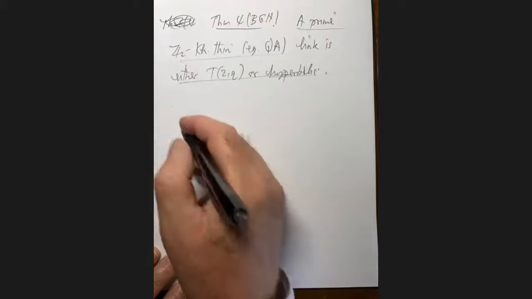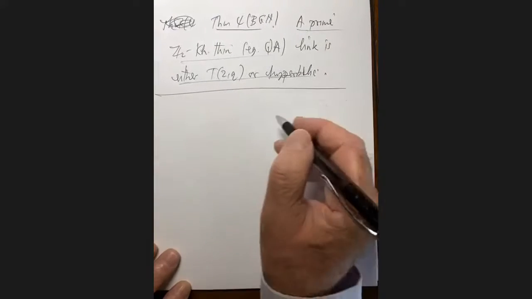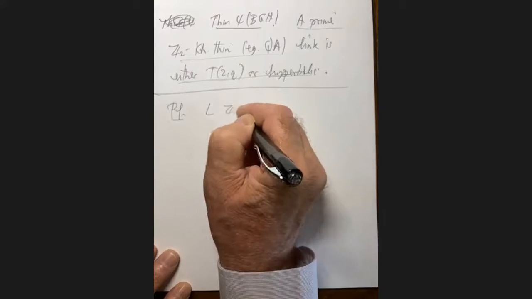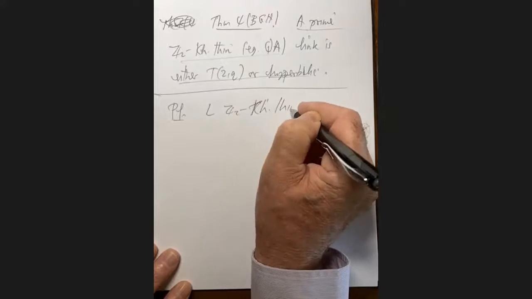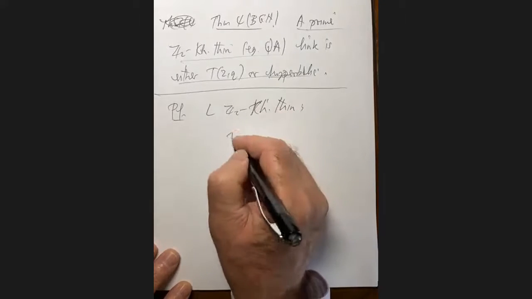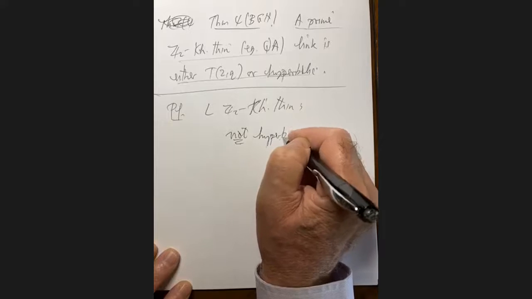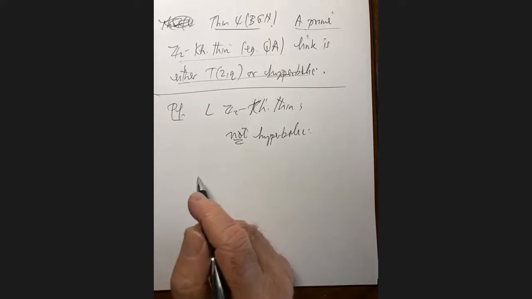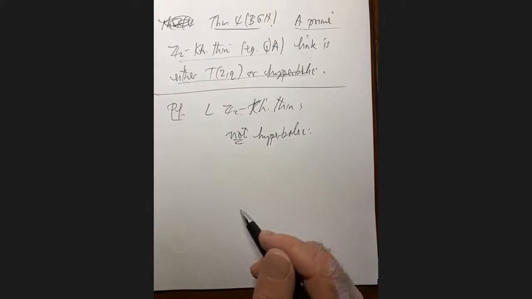Sorry, I'm pretty much out of time, but let me quickly give the proof. Let's assume that L is Z2 Khovanov thin, and suppose it's not hyperbolic. We've got to show it's a torus link. The main point is that if you're Khovanov thin, the double branch cover is an L-space.